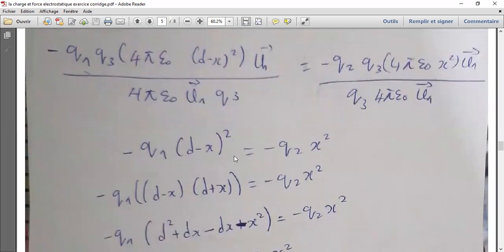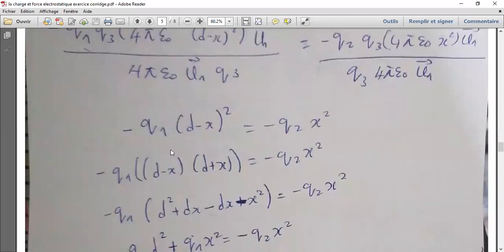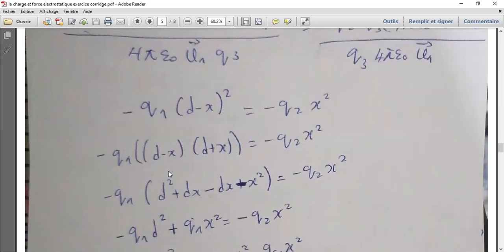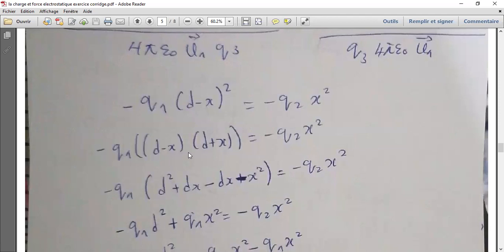Then from there, you have to expand this one. Using the difference of two squares, to expand it is d minus x times d plus x. Then I do the multiplication here. d times d will give d squared, plus d times positive x, which will be dx, negative x times d, which will be negative dx, negative x times positive x, which will be negative x squared.